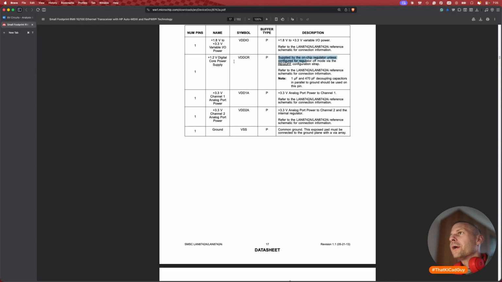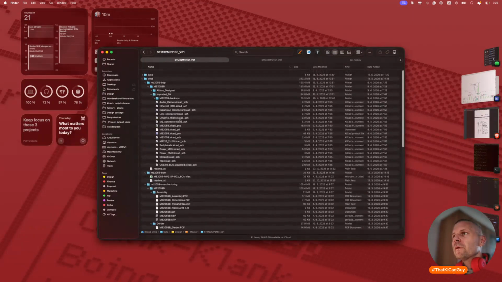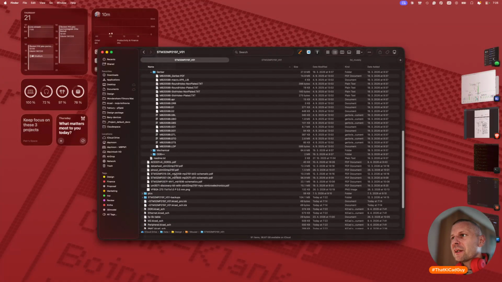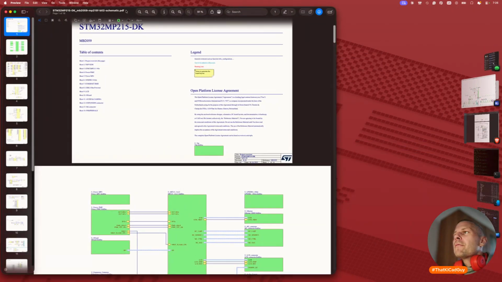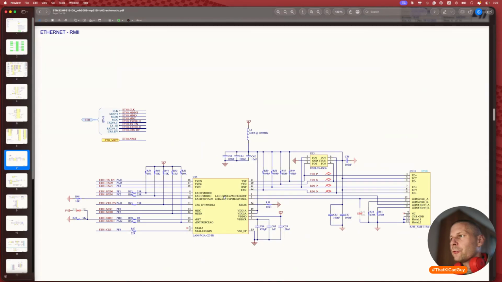Okay, so this is the internal regulator. Let me open the reference design schematic, because I take this reference design as a source of correct information. Yes, that's only the output of the internal regulator.